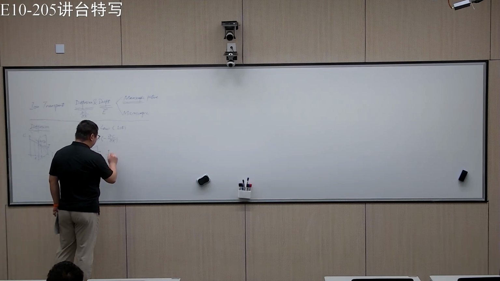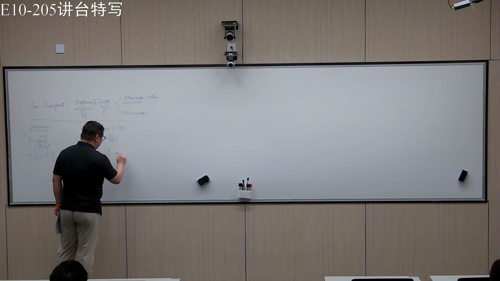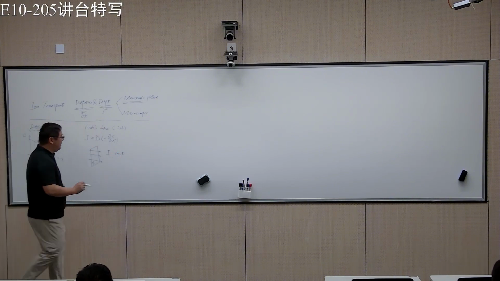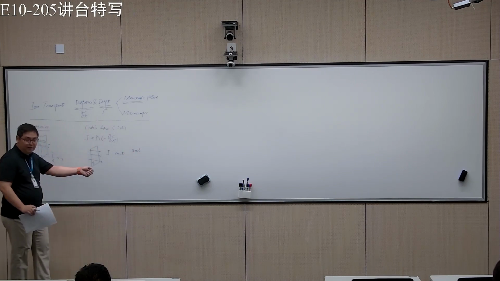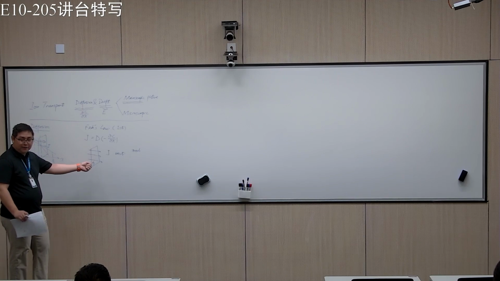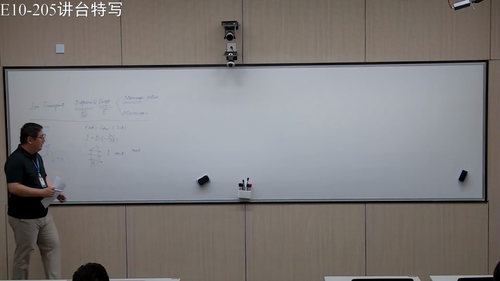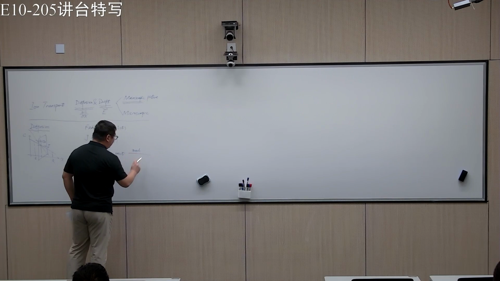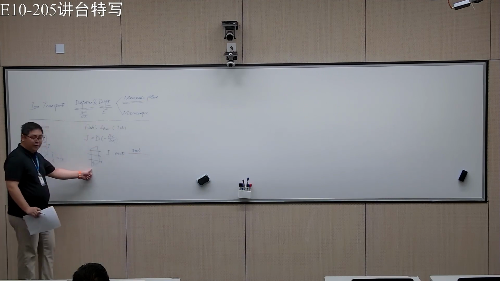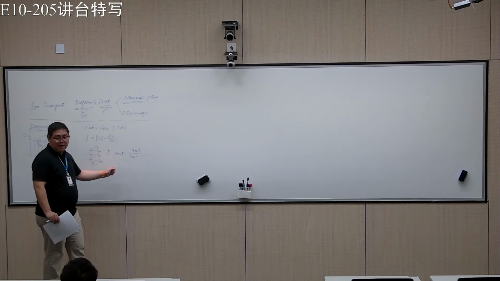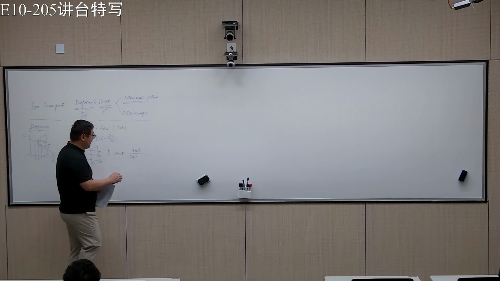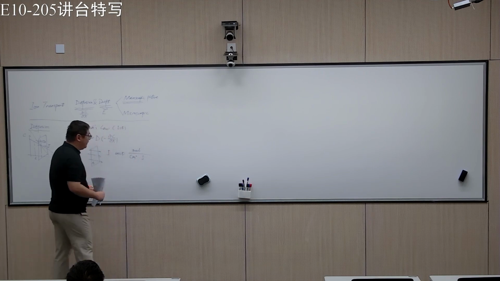Intuitively, J has a unit. The unit of J is how many ions are going through the plane, so it's in moles. Then we have the unit area, so we cut a plane and quantify that. The unit area is centimeter squared, and we count for 1 second, so seconds here.